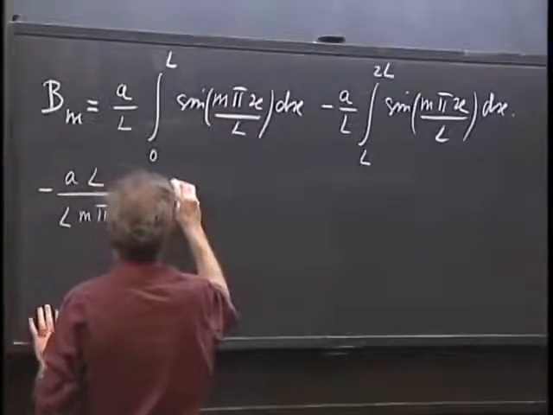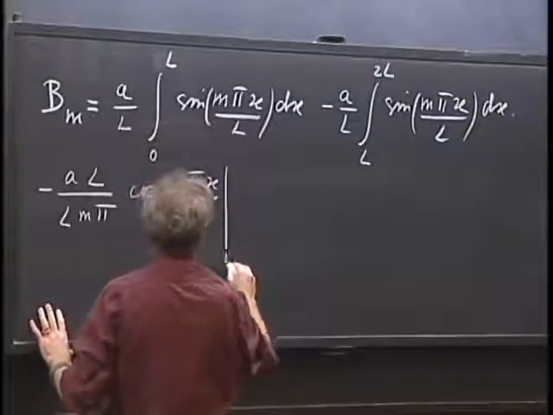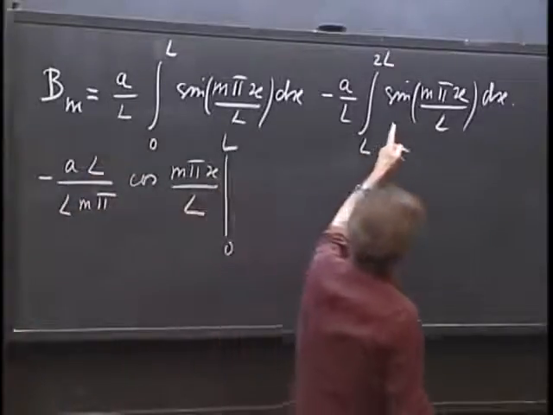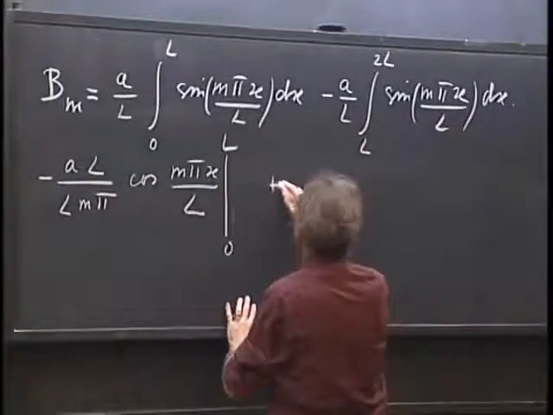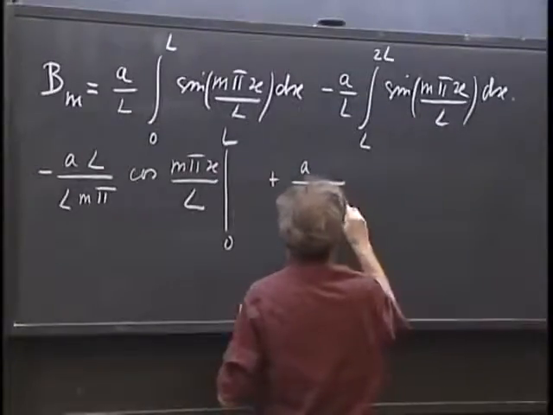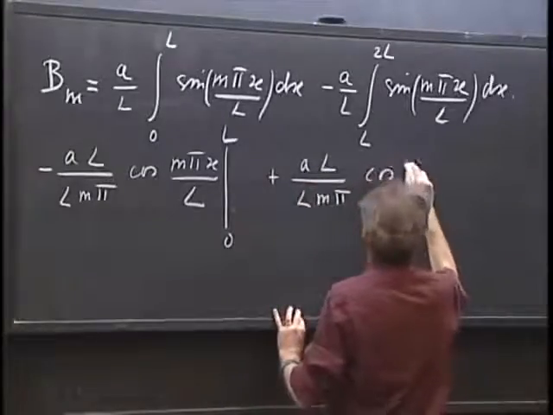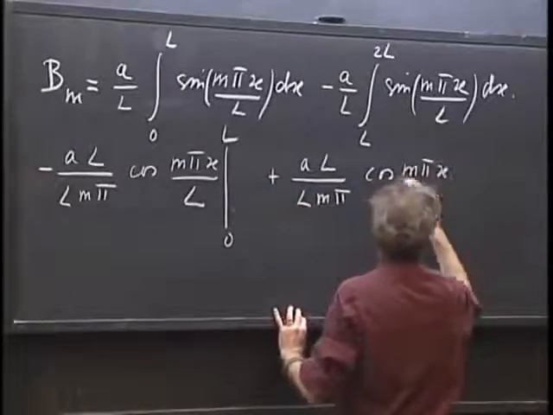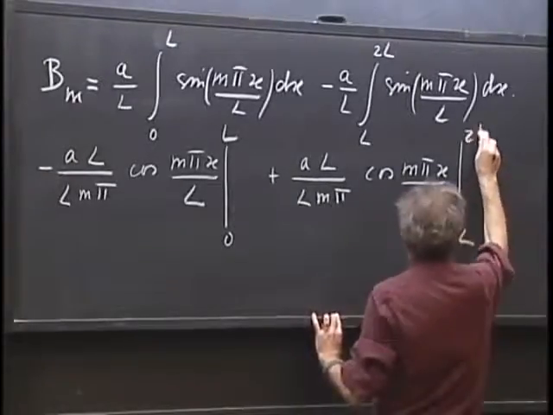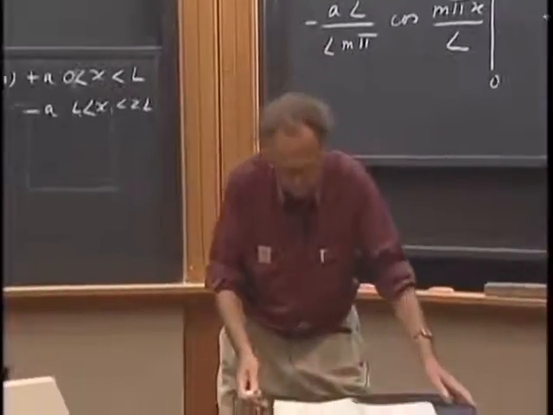And then I get the cosine of m pi x over L, and I have to evaluate that between 0 and L. And here I get a minus sign out, so I get plus a divided by L, m pi downstairs, L upstairs, and then the cosine of m pi x divided by L, and I have to evaluate that between L and 2L. That's all I have to do. That is the integral, a very simple one.